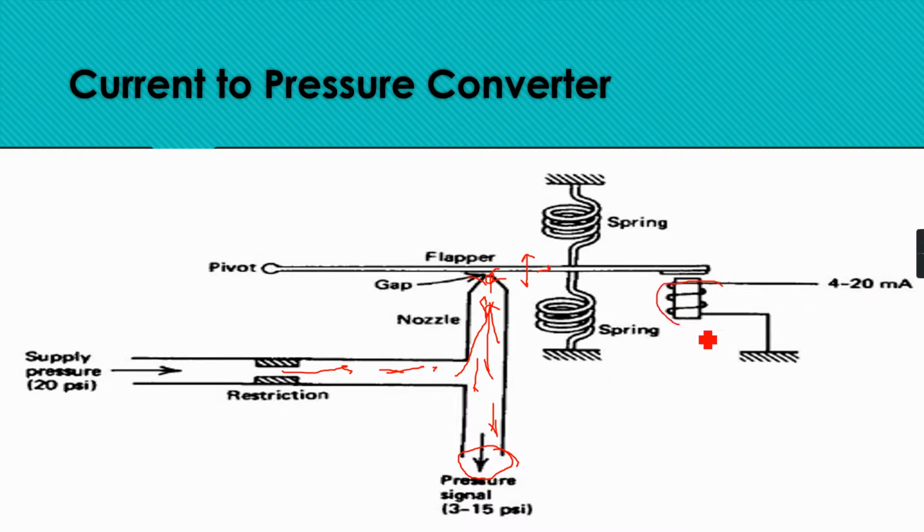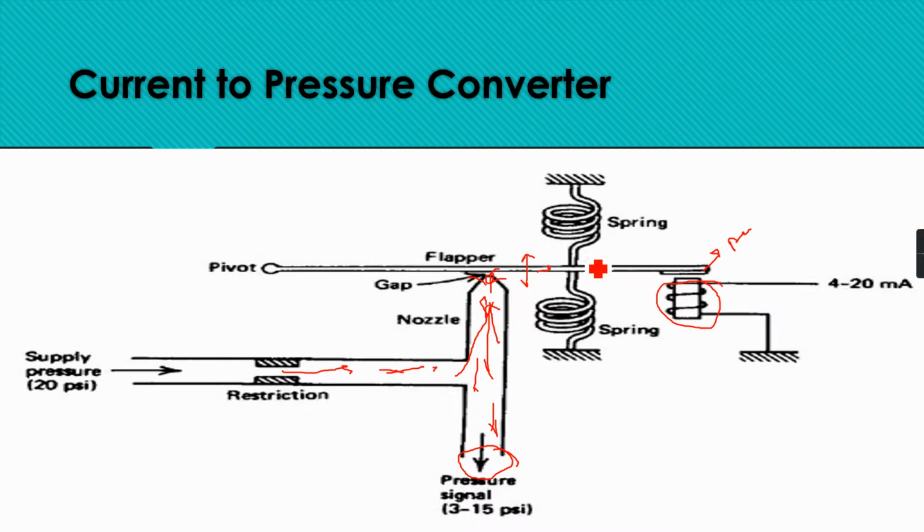Here we have one more arrangement: an electromagnet. A 4 to 20 milliampere current is flowing through the coil, there is a soft iron core, and the flapper has a small part made of a ferromagnetic material. We know that an electromagnet attracts ferromagnetic or iron materials.